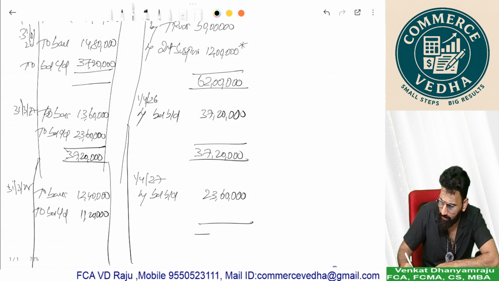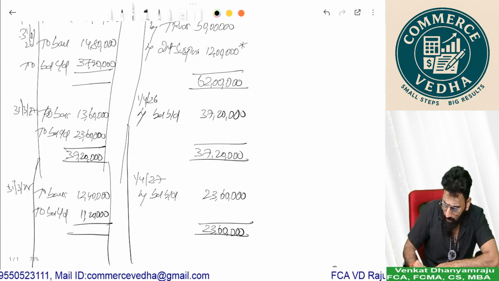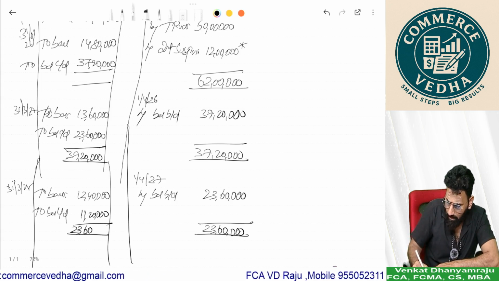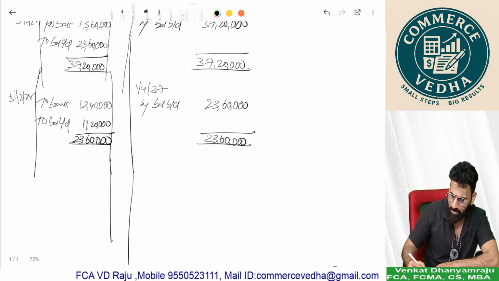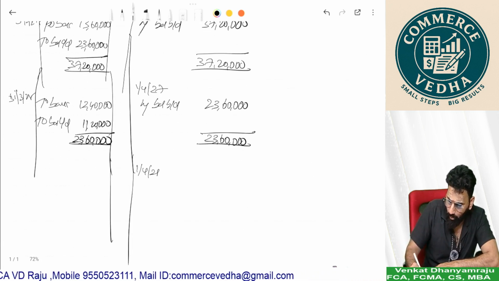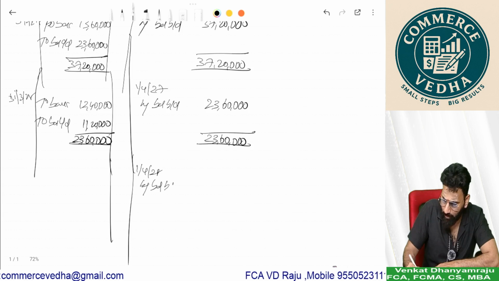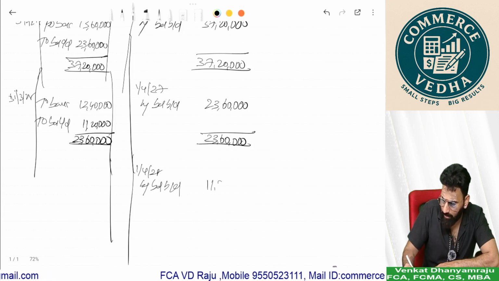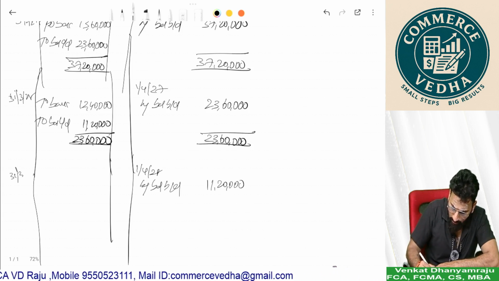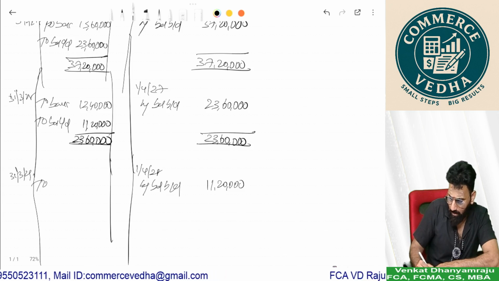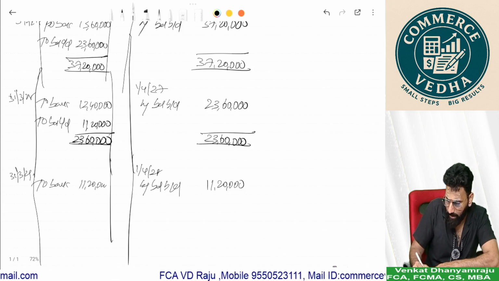So with this you can close the third year as 2360, and the last year 1/4/28, by balance brought down 1120, and on 31/3/29 to bank you paid 1120.